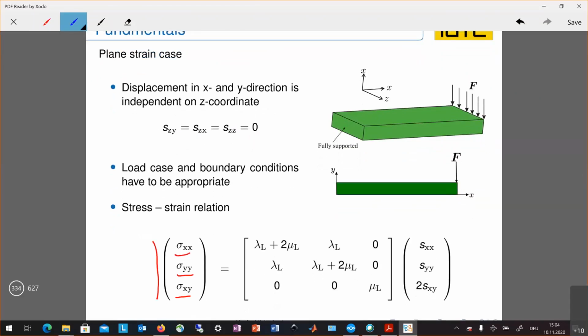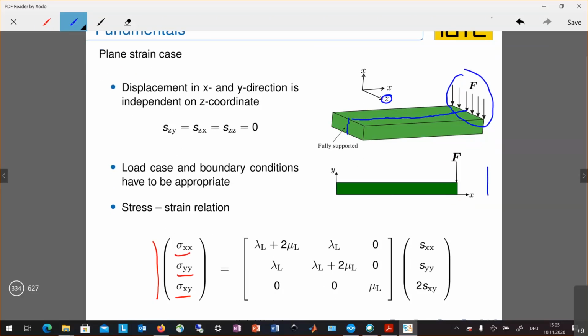If you look here at the load case, we have a load case which is not changing in z direction. As you can see here, this is our z direction. And therefore, we can make such a cut and do a computation in the xy plane, which would just mean such a cut.